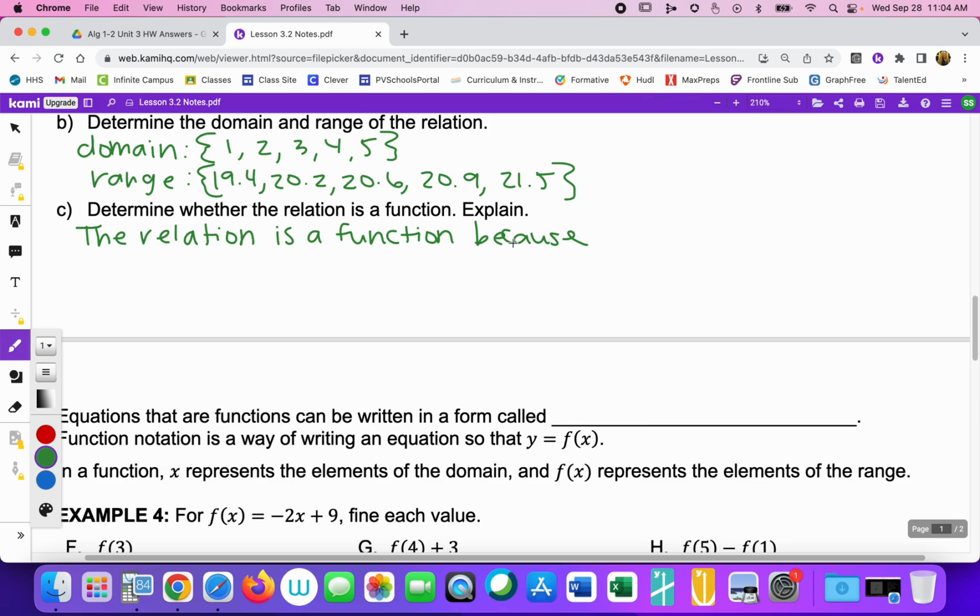The exact definition that you may see on different things: each element of the domain.